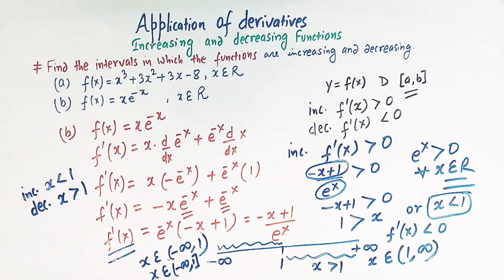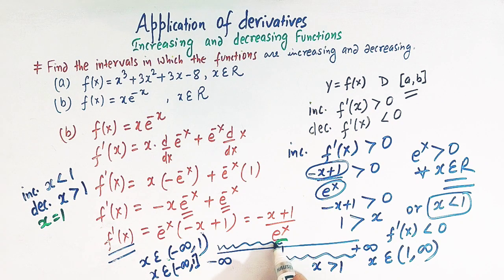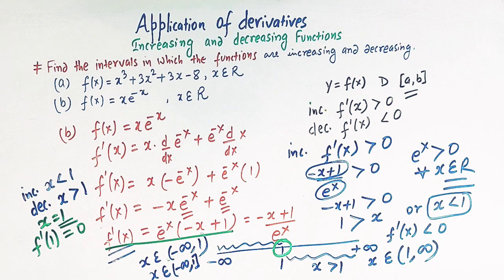Here one important thing is that when we have x is equal to 1, that is this point, if we take x is equal to 1 in this expression, then we see that f prime of 1 is equal to 0, right? So x is equal to 1 is the critical point for this function f of x, right?